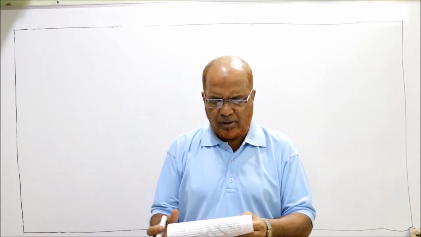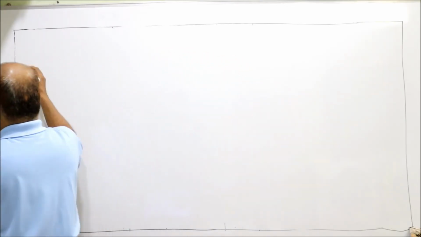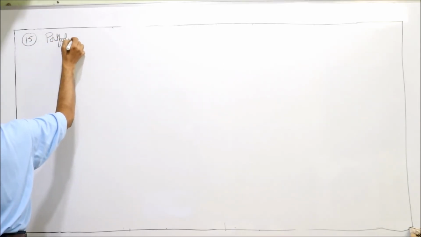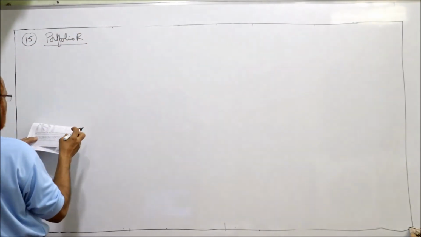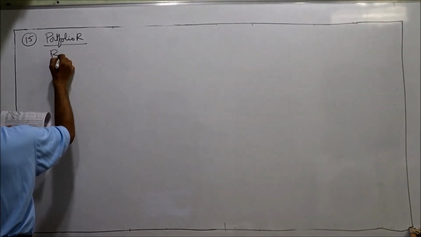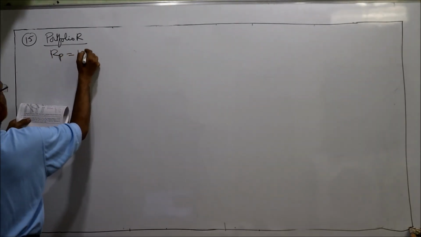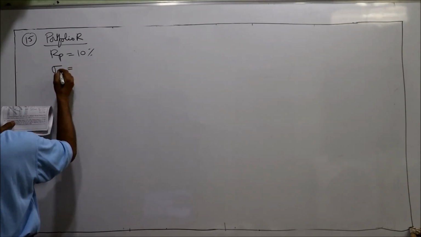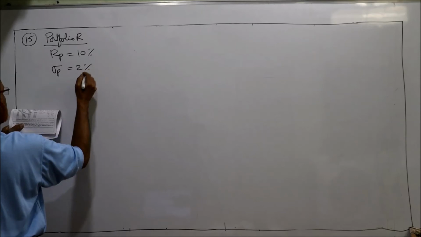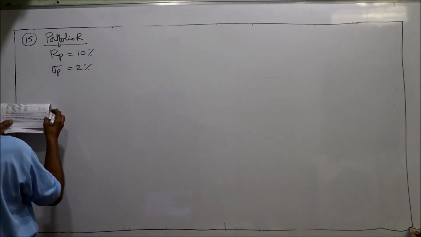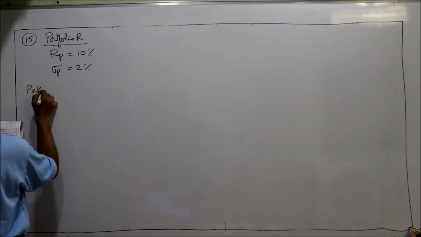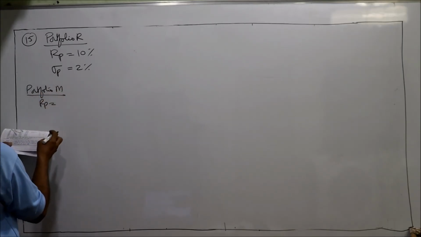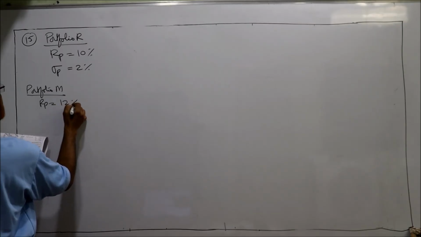Very easy, very simple. We have two portfolios. 15th problem. The portfolio R, average return RP is equal to 10%. Then standard deviation 2%. And portfolio M, return on portfolio M is 12%.